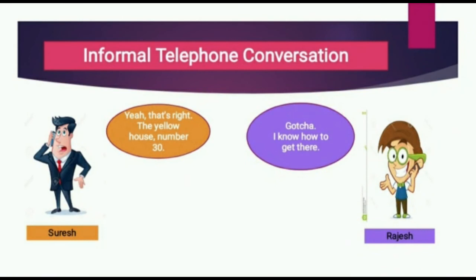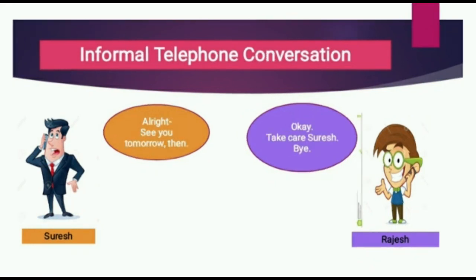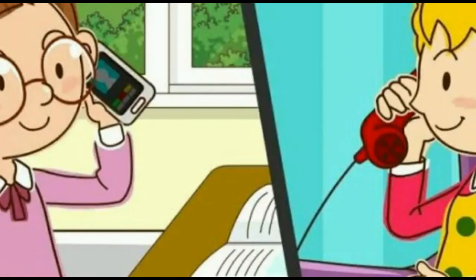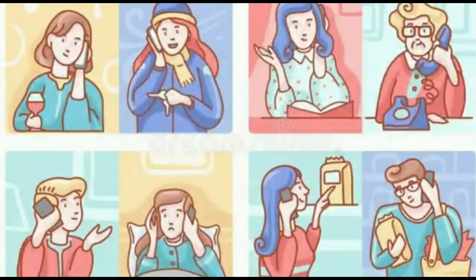Suresh: Yeah, that's right. The yellow house number 30. Rajesh: Gotcha. I know how to get there. Suresh: Alright, see you tomorrow then. Rajesh: Okay. Take care, Suresh. Bye.